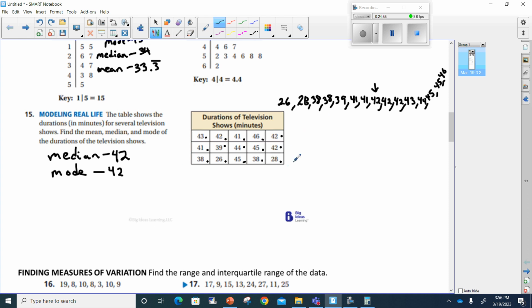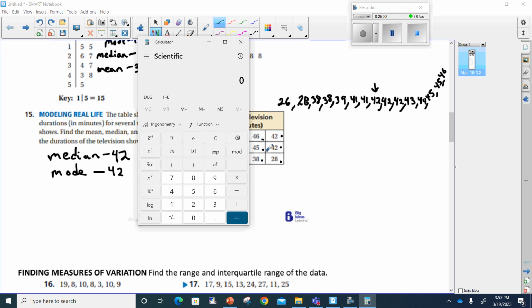And now for the mean. I have to add up all these numbers. Let's start from the biggest to the smallest. 46 plus 45 plus 45 plus 44 plus 43 plus 42.